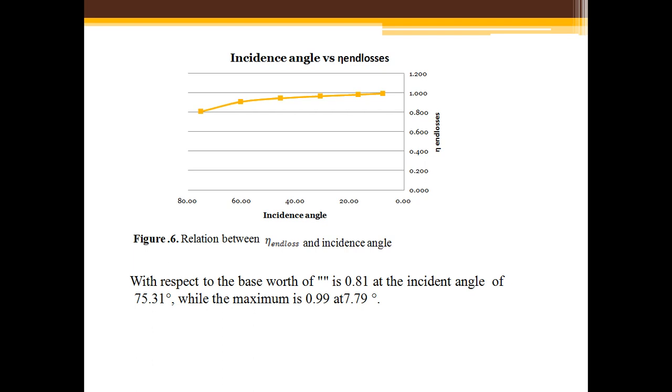Its values are low at sunrise, then start to rise until noon, and then fall back until sunset. The minimum value of the end effect factor is 0.81 at the incidence angle of 75.31, while the maximum value is 0.99 at the incidence angle of 7.79.